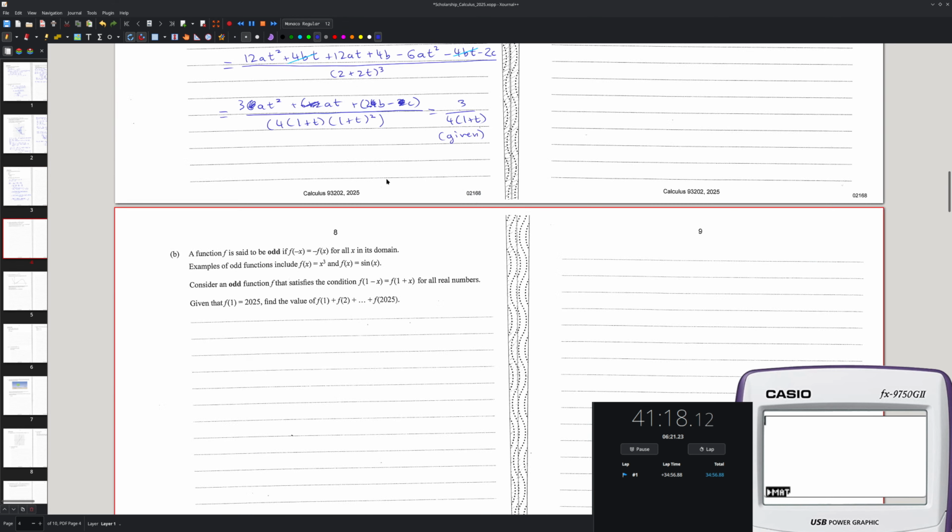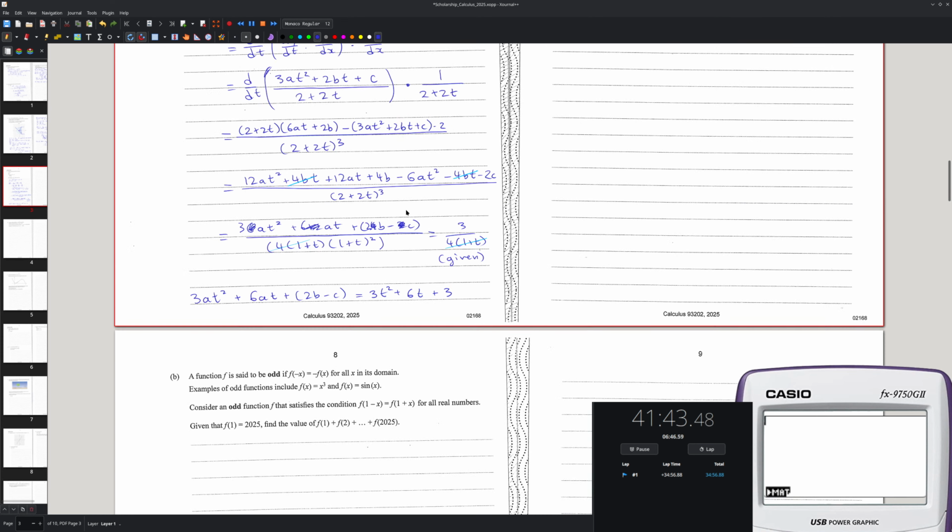So if we cancel these, we get 3at squared plus 6at plus 2b minus c is equal to 3t squared plus 6t plus 3.